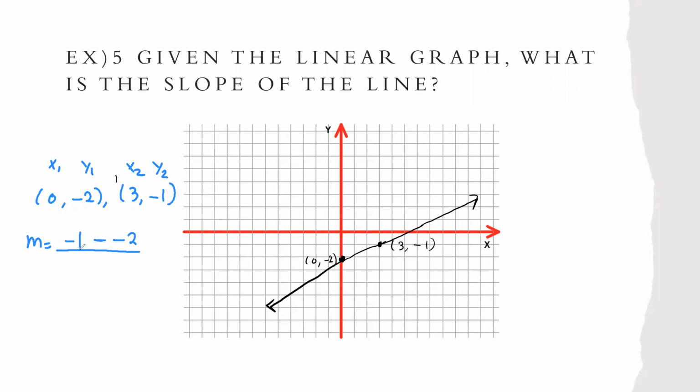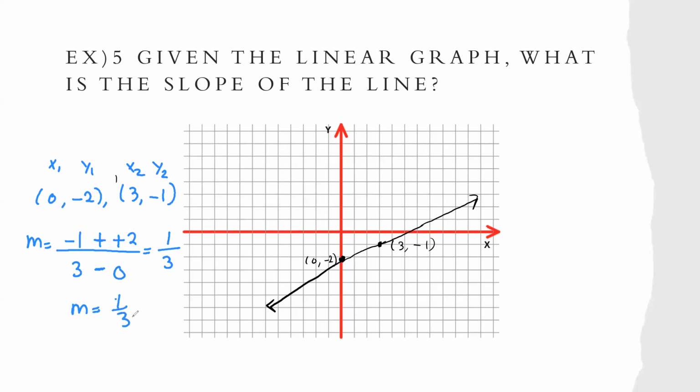And then on the bottom, x2 is 3 minus x1. Okay. So 2 negatives becomes a positive. So on the top, 2 minus 1 is 1. And then on the bottom, 3 minus 0 is 3. Okay. So our slope is positive 1/3.